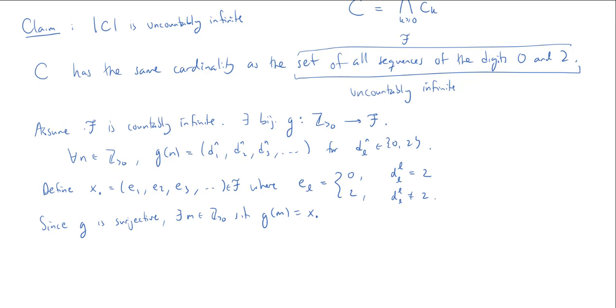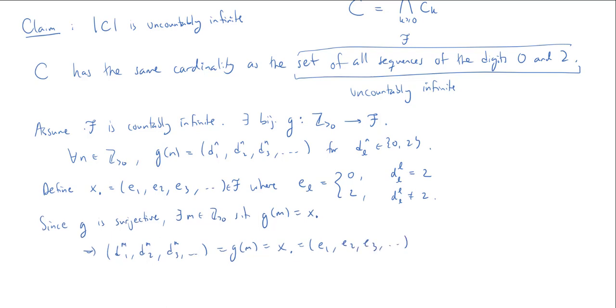Fine. So I know that this little x has a preimage, m. Okay, but if that's the case, then this implies that d_m1, d_m2, d_m3, etc., which is equal to g of m, is equal to x, which is equal to our e_1, e_2, e_3, etc.